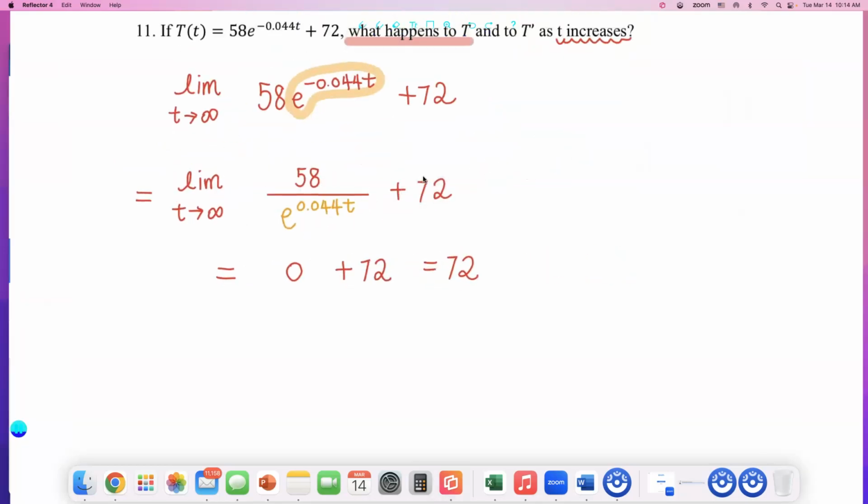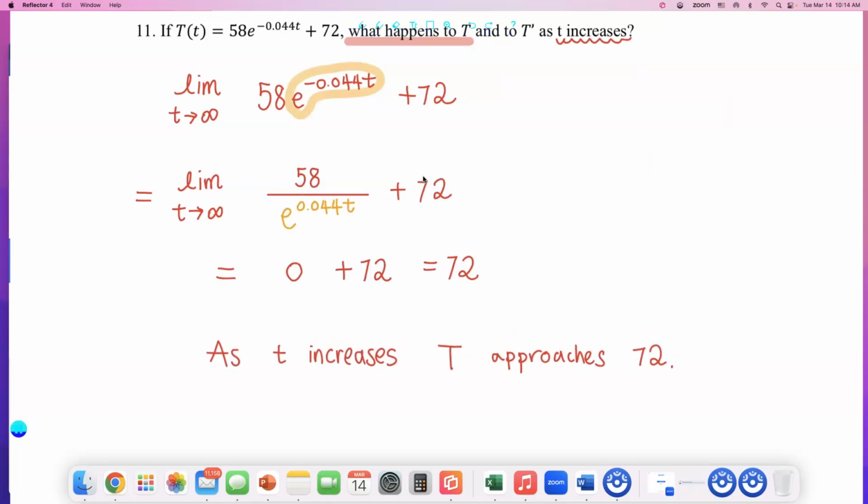So what I can say is as little t increases, big T approaches that horizontal asymptote of 72. So that will be my conclusion.